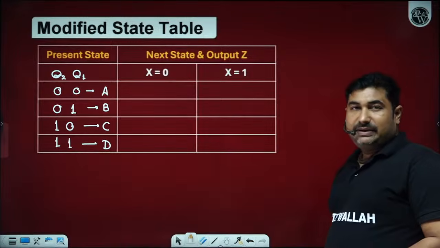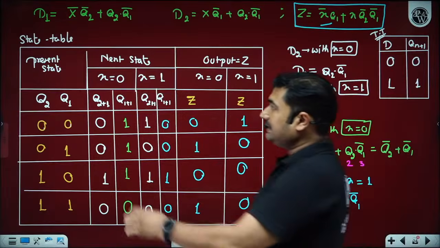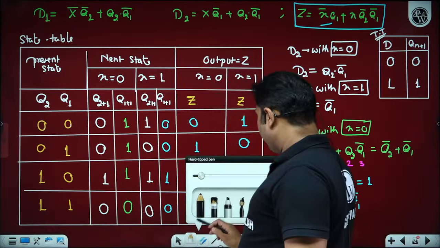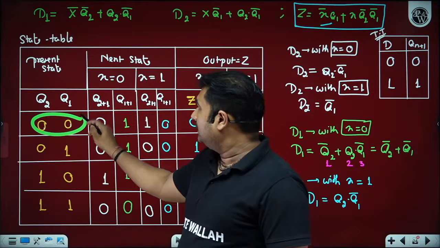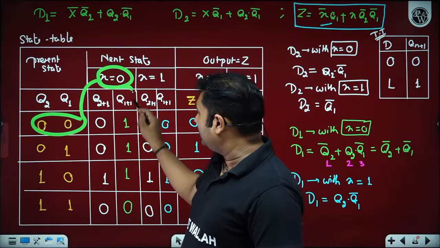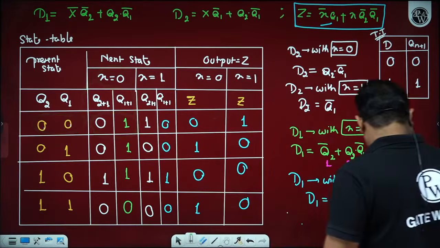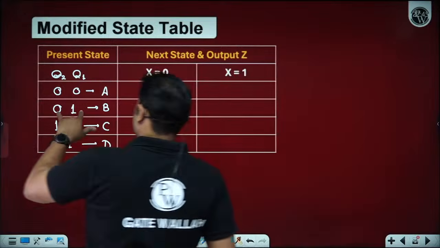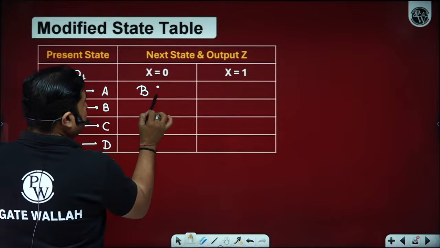Now please observe, beta ji. If present state is A, 0, 0, then with x is equals to 0, next state will become 0, 1. And 0, 1 is your state B. So we are getting state B. And what is the output, beta ji?